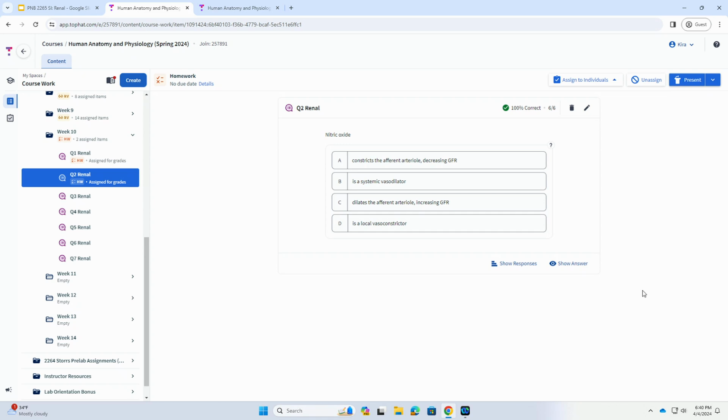Systemic would mean it affects all of the arteries in the body, so it can't be that one. And then dilates the efferent arteriole should be the correct answer, increasing the glomerular filtration rate. Local vasoconstrictor would also apply to adenosine.